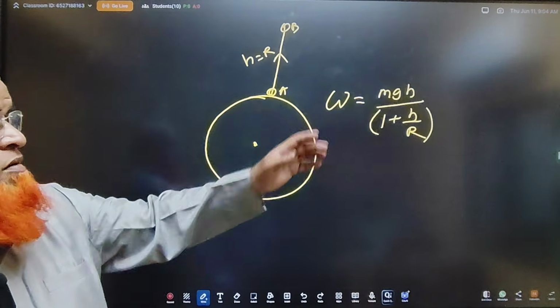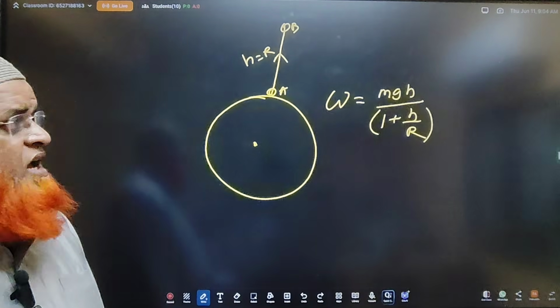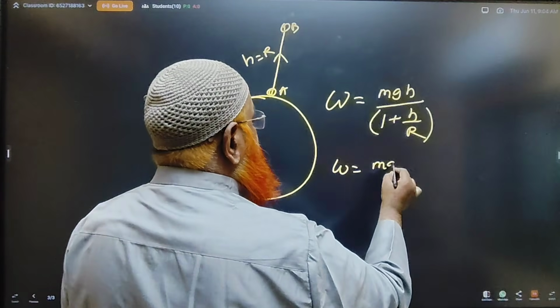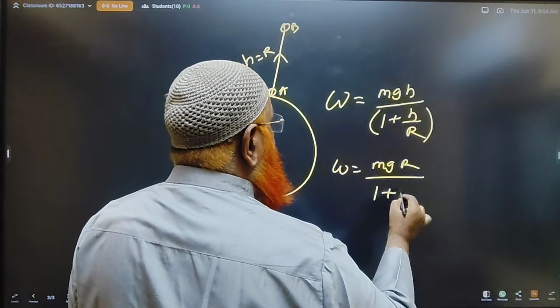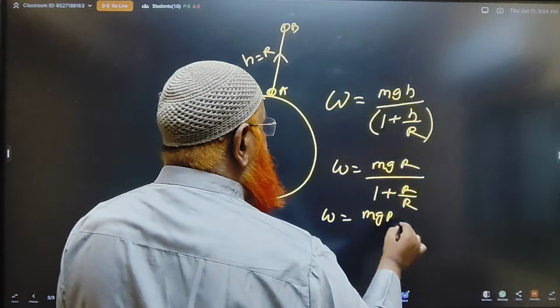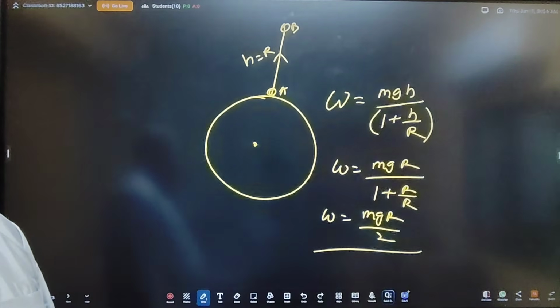So the formula is W equals mg by (1 plus h by R) squared. Here h is equal to R, no? So we can write this as mg by (1 plus R by R) squared. So W is equal to mg by 4 is going to be your answer. Understood? This is the formula.